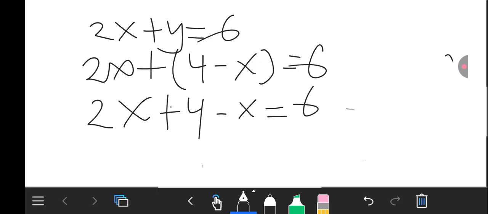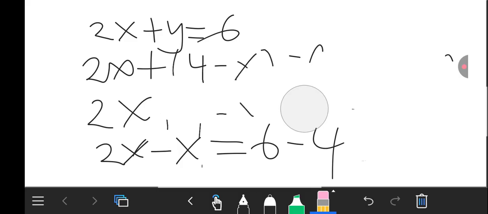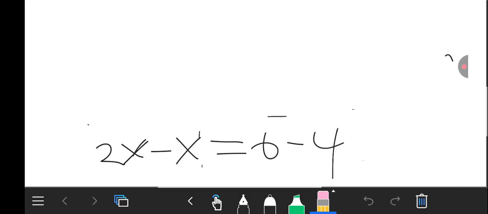At this point you collect the like terms, so 2x will come this way, then minus x, of course, will be equal to 6 minus 4, as this 4 will go to the other side. Then it will be 2x minus x. 2x minus x is the same as 2x minus 1x.